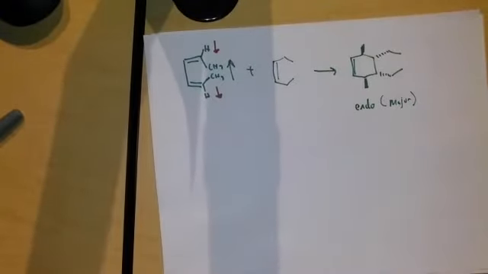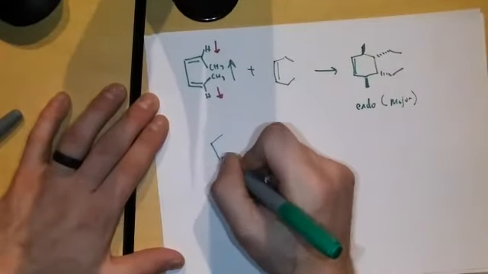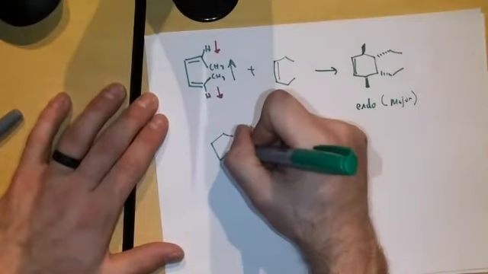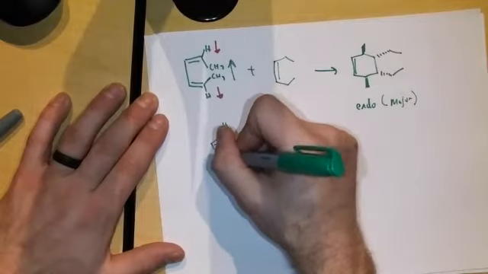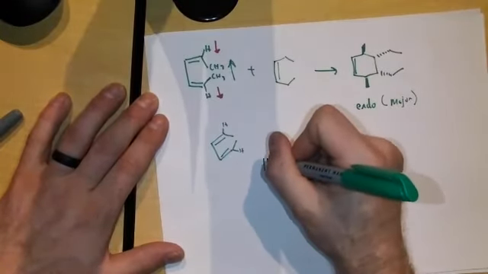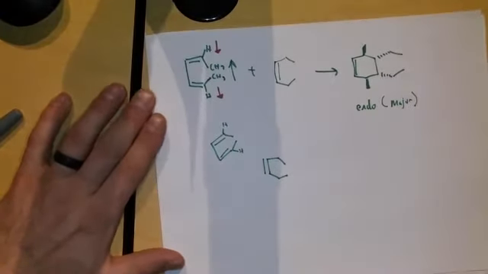If I draw this out in 3 dimensions, there's 2 different options for what can happen.